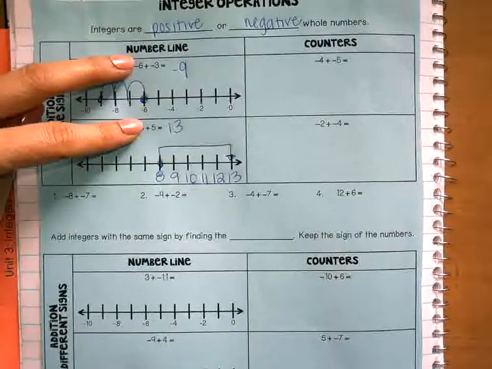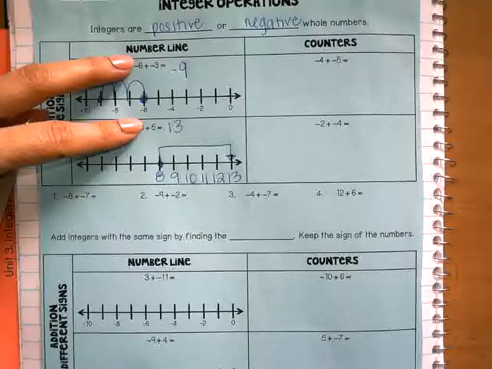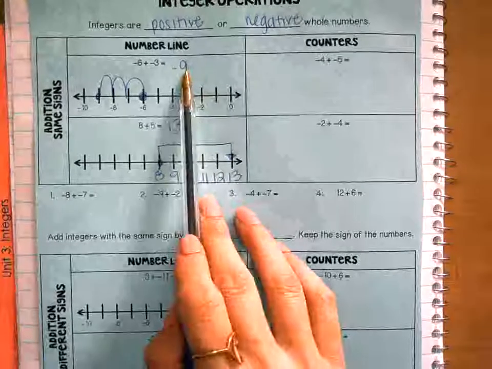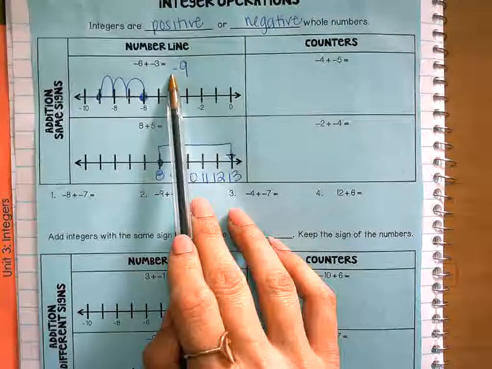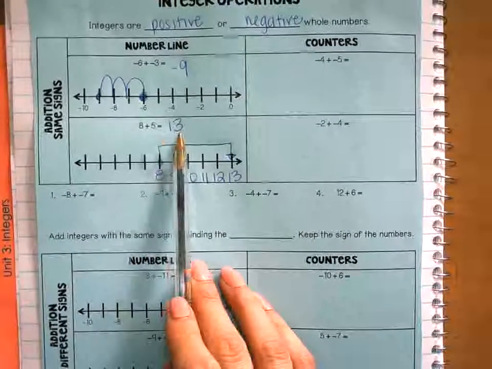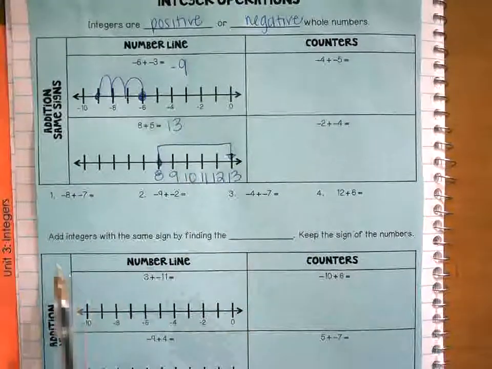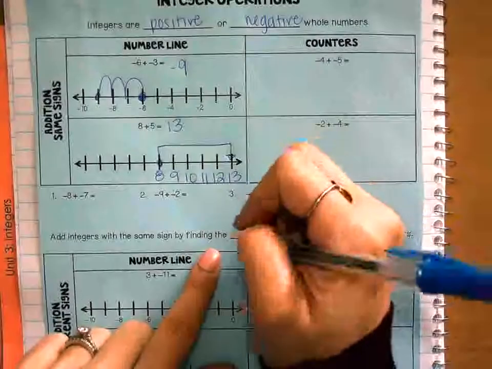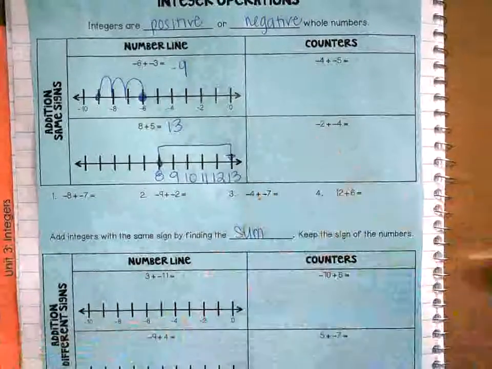So negative 6 plus negative 3 is a negative 9, which means, what did I do with both of these numbers? We just added them, right? 6 plus 3 is what? 9. And then I kept the negative. 5 plus 8 is what? 13. And I kept them a positive. So our rule with adding integers when our signs are the same is you find the sum.